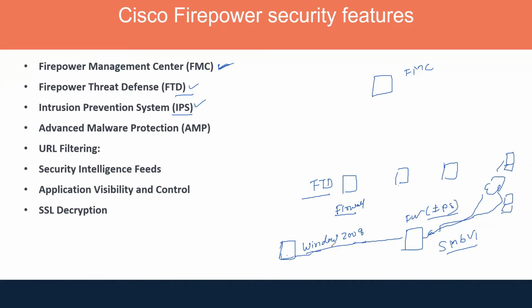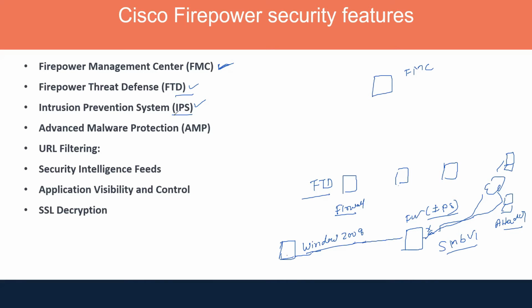So if somebody is trying to exploit any known vulnerability, this firewall would be able to block that connection. That is the use of the intrusion prevention system.